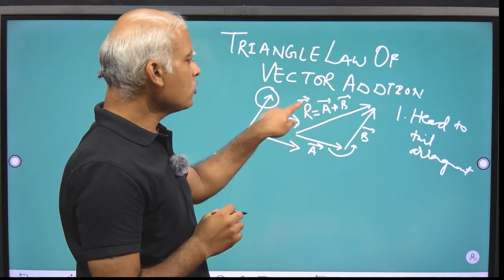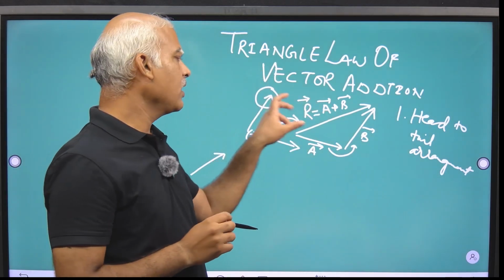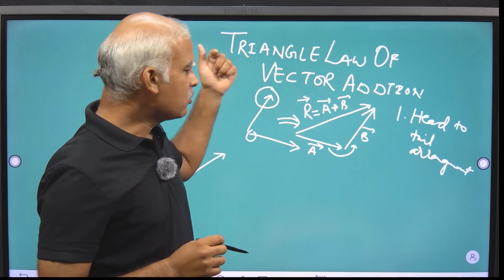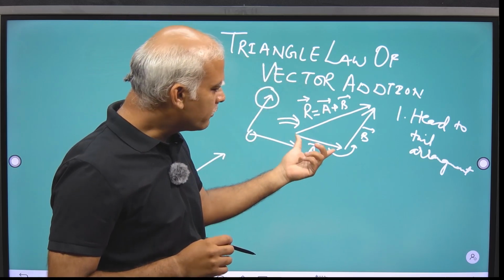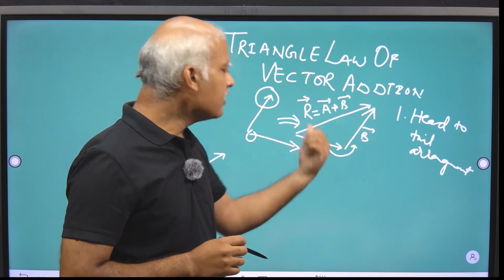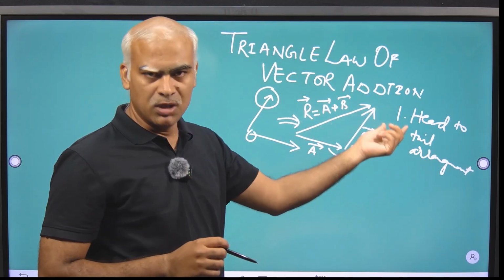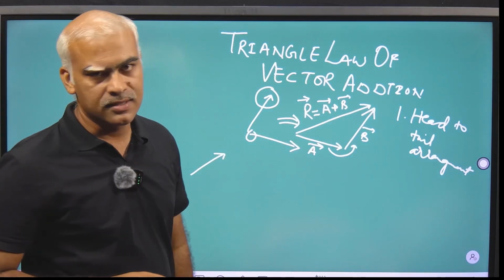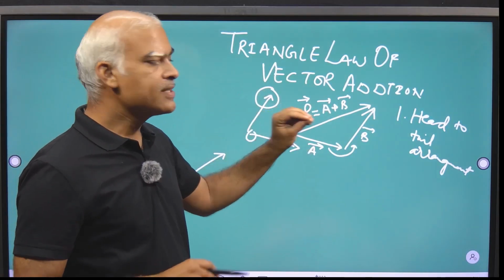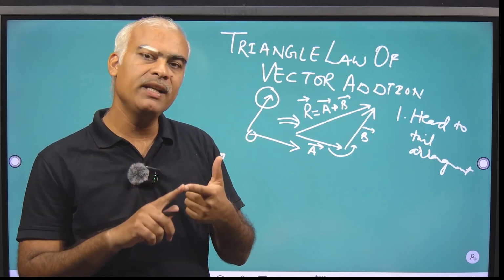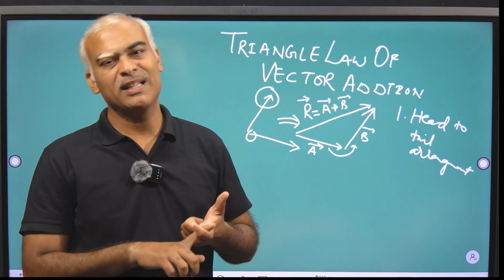I am putting the arrow just to identify that if a quantity is a vector quantity, an arrow is always there on it. So if two vectors are there, A and B, then in that scenario, the resultant vector will be A plus B. This is what the triangle law is. Now this simple law gives you enormous opportunity to solve problems graphically, or you may solve it mathematically.